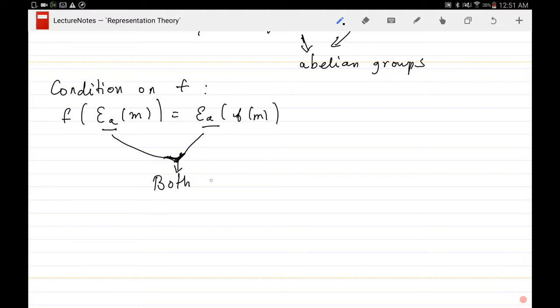In other words, the action of the algebra, which will ultimately act through the endomorphism, is the same in both cases.